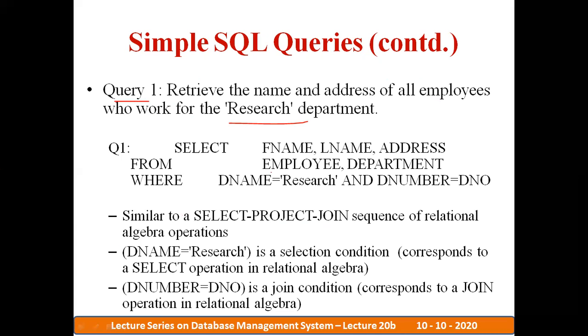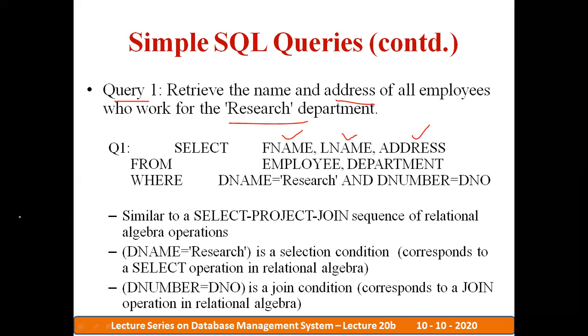One is the employee and the second one is the department. And I'm retrieving the name. The name means we are always going to consider only the first name and the last name. Remember, whenever I say name, you need to consider it as the first name and the last name. And also I'm interested in the address. So here I have taken it as address. So 3 attributes I'm retrieving.